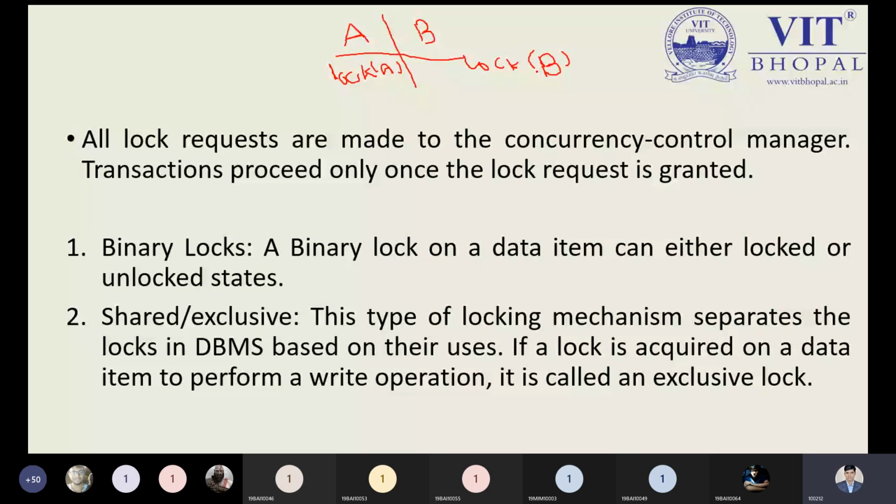So both friends cannot talk. Both friends cannot move into the other rooms. Now if B wants to talk to A, or if they want to talk to B, it is not possible because both are locked. This is the point.